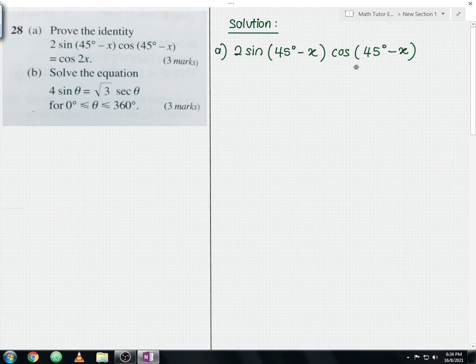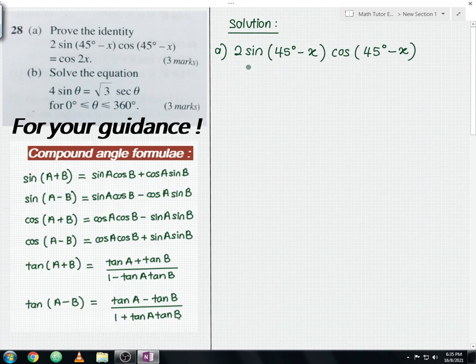If you take a look at this equation itself, it is involving a compound angle formula. If you don't know what the compound angle formula is, let me show you which part of this equation involves it. The first one is sin(45° − x).